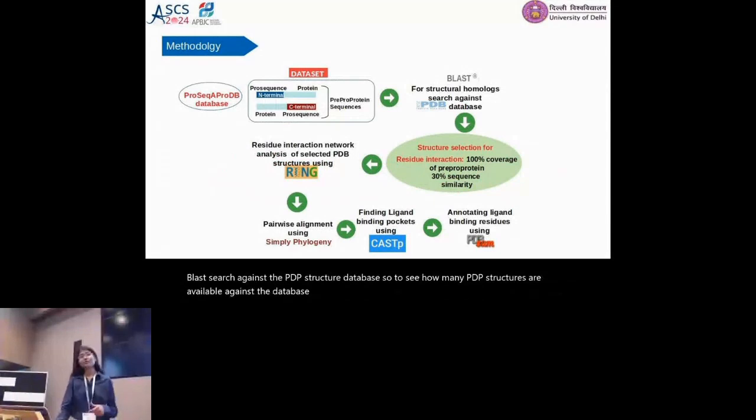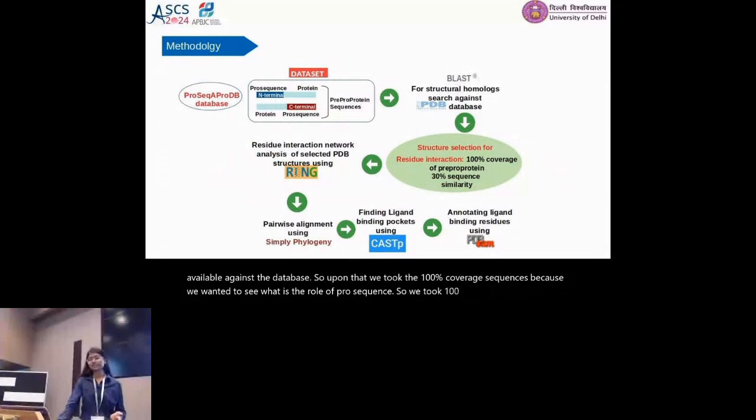Upon that, we took the 100% coverage sequences, because we wanted to see the role of the pro-sequence. We took 100% coverage sequences along with a minimum of 30% sequence similarity, and then we did a residue interaction network analysis to see the interactions between the residues of the pro-sequences as well as the protein.